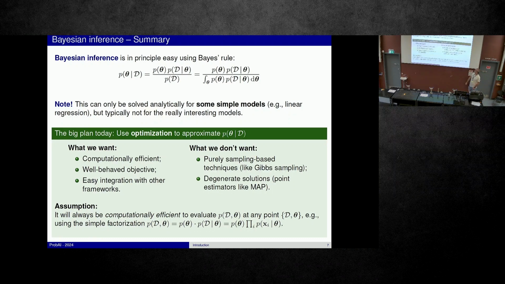We will always assume that even though we cannot calculate this guy efficiently, we can always calculate that guy efficiently. So the joint is available to us, the conditional or the posterior is not. And the reason for this is, of course, that this integral here is hard to come up with. So that's the problem. That makes it hard to come up with the posterior.